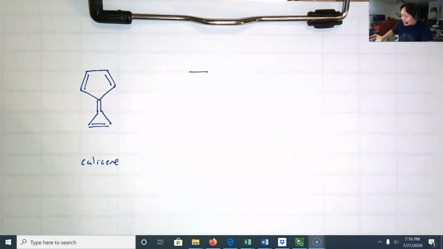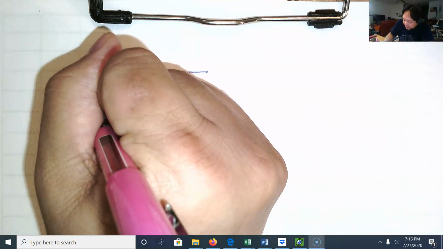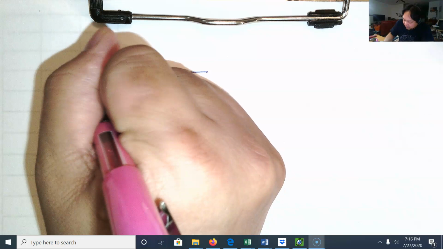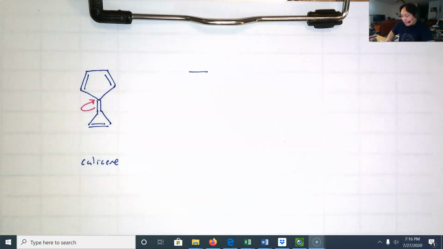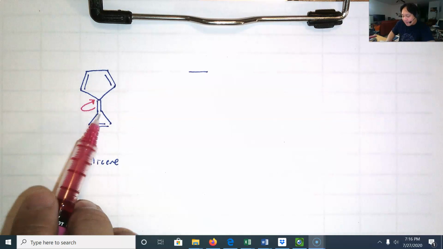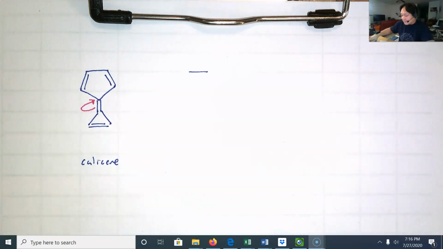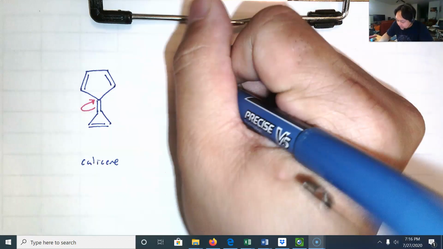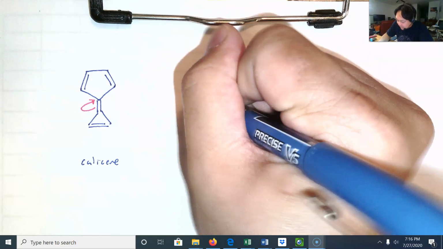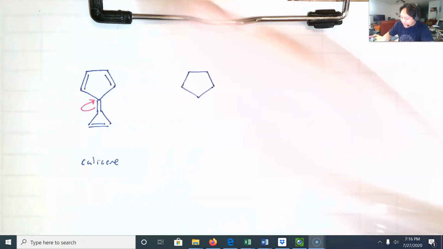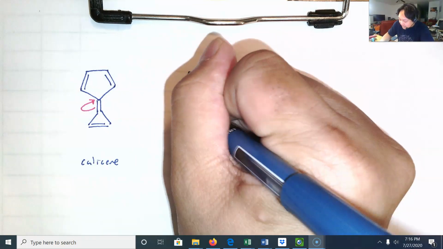Can you draw me the result if I draw this mechanism arrow? Take those 2 electrons of the pi bond and put it right there on this carbon. There's a reason why I'm putting it on this carbon and not this carbon down here. And I think you'll see once we draw the result. The result, you could pause the video if you want to challenge yourself, okay? Or you could try to beat me. The result is this.